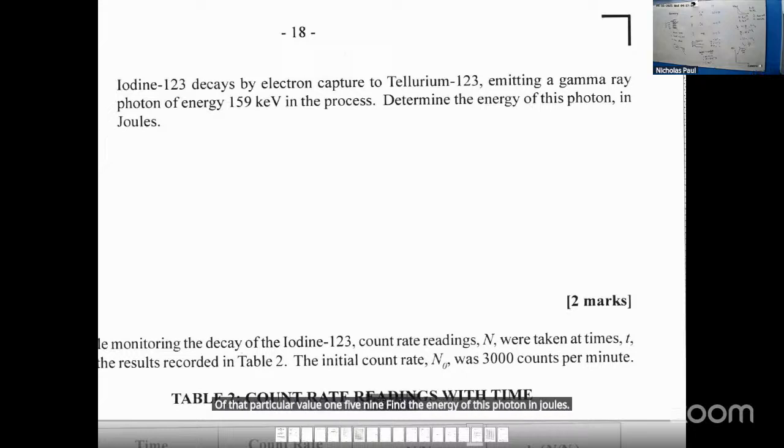How are we doing that? Convert to joules. What to do? Multiply by what? By the charge of the electron, right?